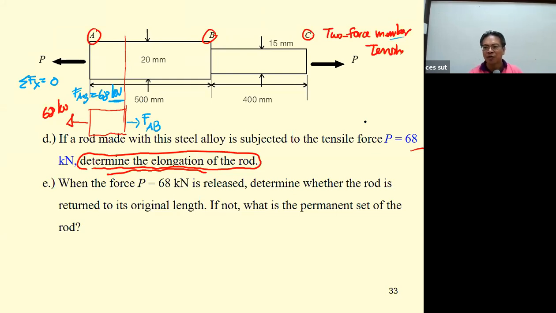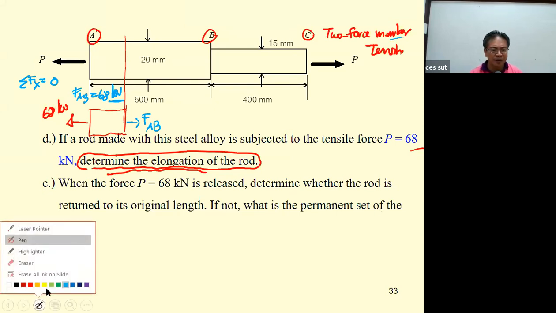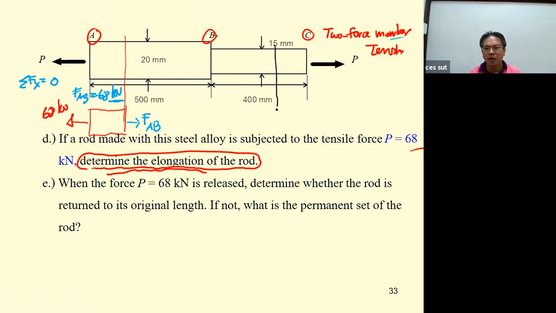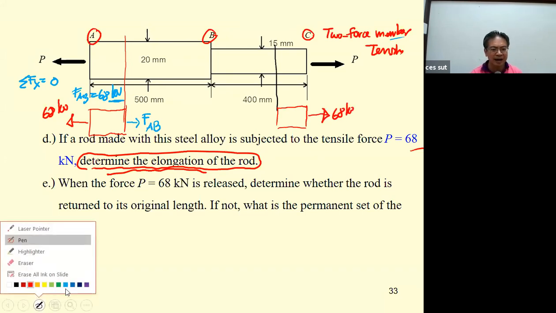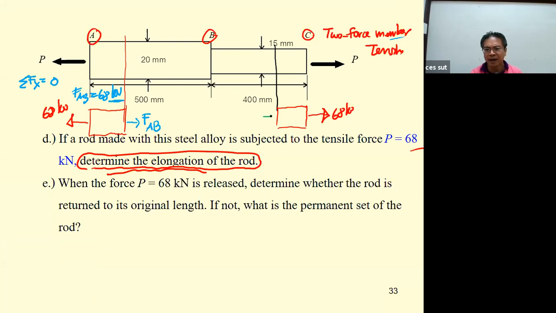And also for this, if you prefer, you may cut this one and then draw the section again. You must, because it's going to show your understanding of the mechanics. This is 68 kilonewton, and then this is going to be the force F sub BC. Summation of F sub X equal to 0.